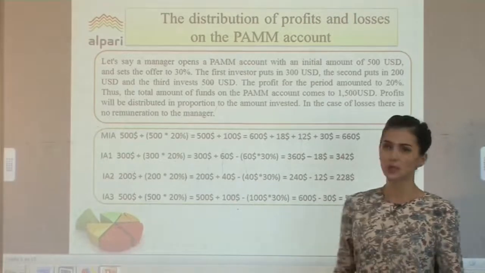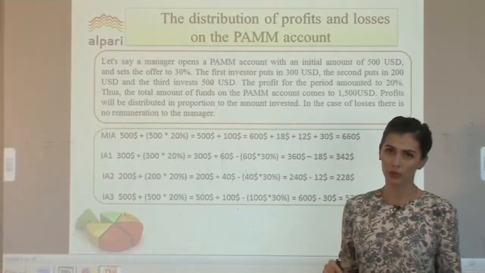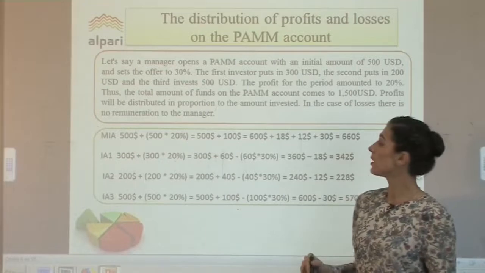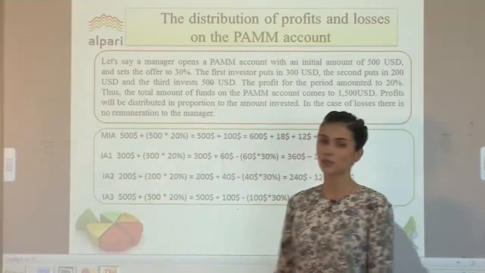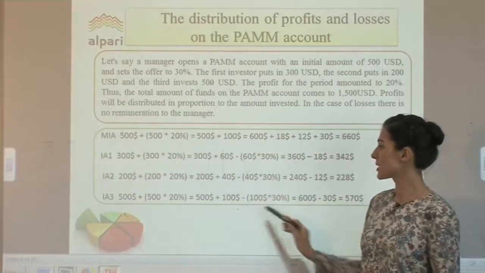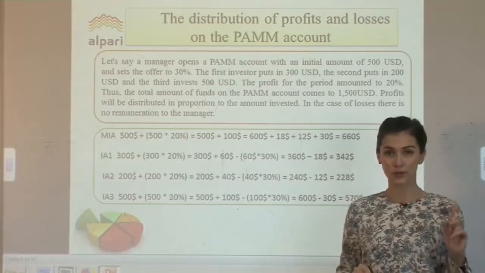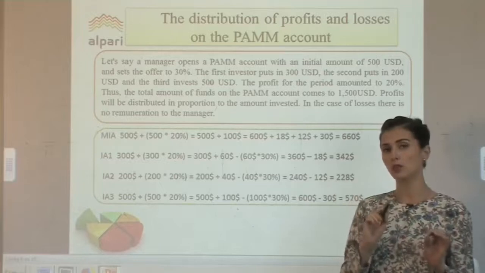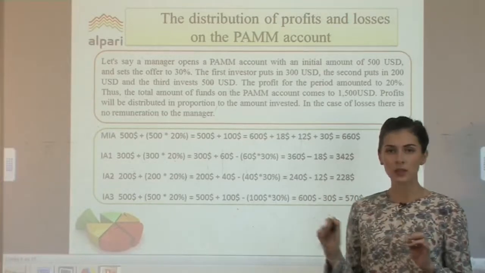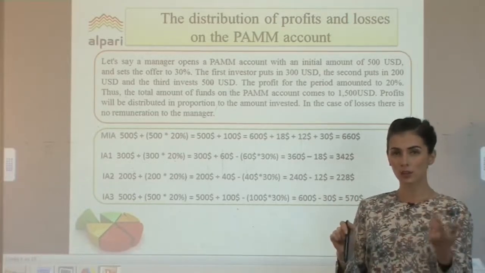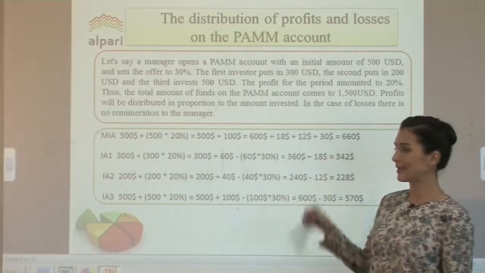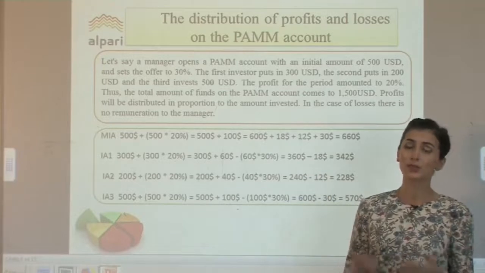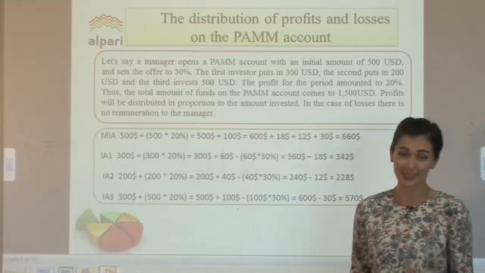And of course, the manager will not pay himself any remuneration, but the other participants, the first, second, and third investors, will pay 30% of the profits, not from all the amount on their investment accounts. Only part of their profits will go as the reward for the manager for the successful trading.